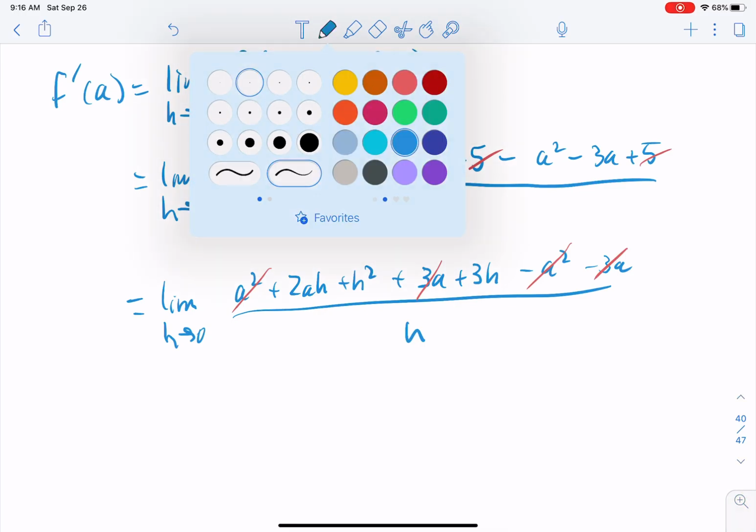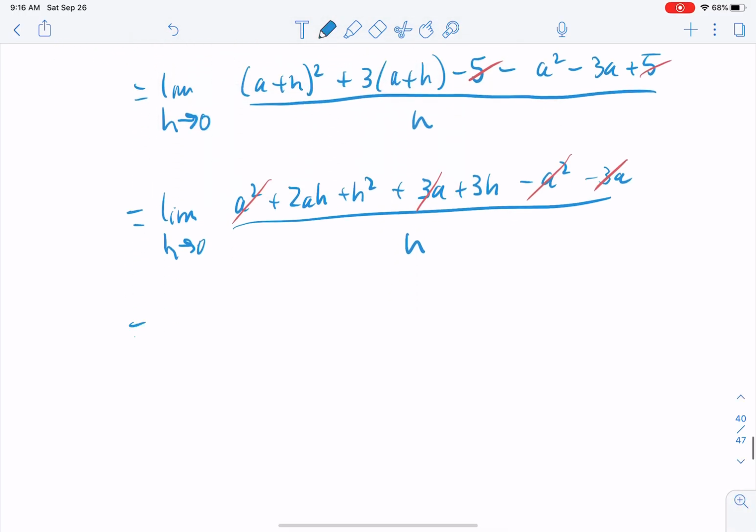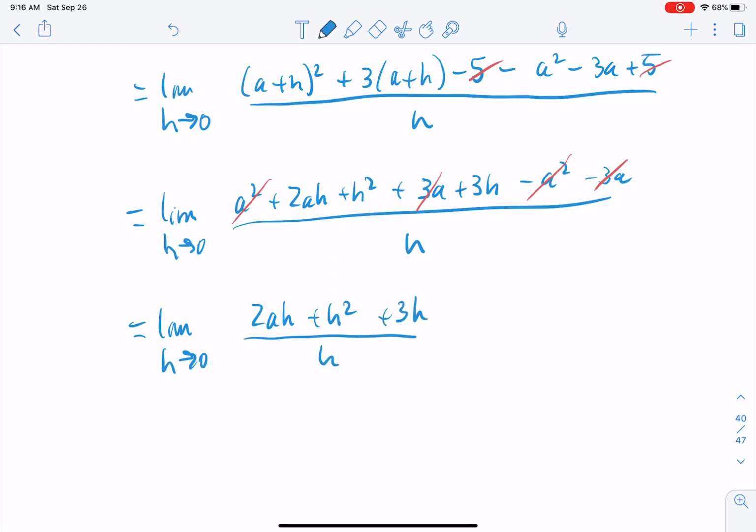And maybe just go ahead and, for clarity, rewrite this. Limit as h goes to 0 of 2ah plus h squared plus 3h, over h. And notice that everything across the top has a common factor of h, which I can factor out. Limit as h goes to 0 of h times 2a plus h plus 3, over h.